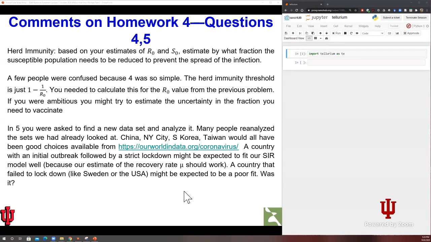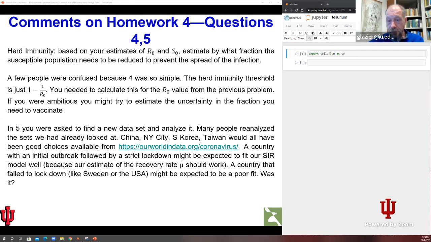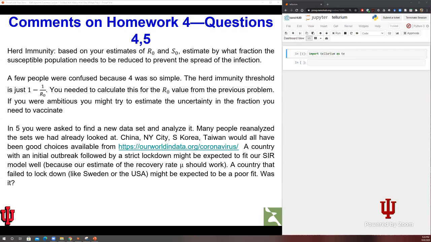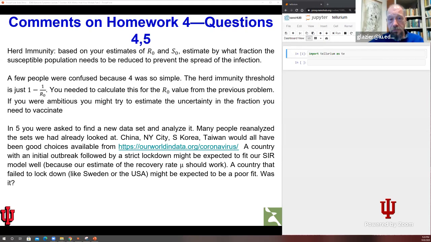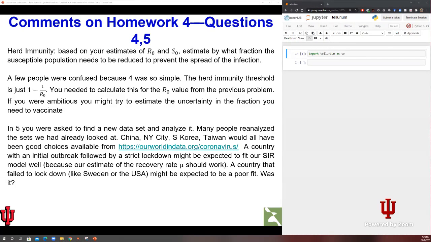Hey, Professor, I had a question about this week's homework due tonight as well. Yep. So for the first problem, when we were comparing stochastic models with your ODE models, I basically am scanning through the R naught values, and then I run stochastic and ODE 50 times, and then compare the maximum number of recovered that I get between the two of them to see if there's such a difference.